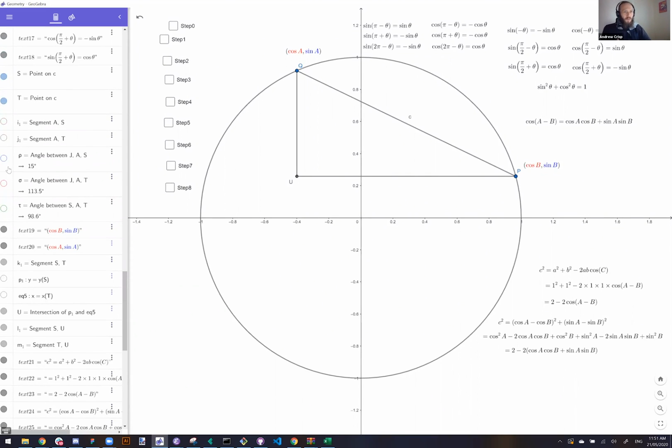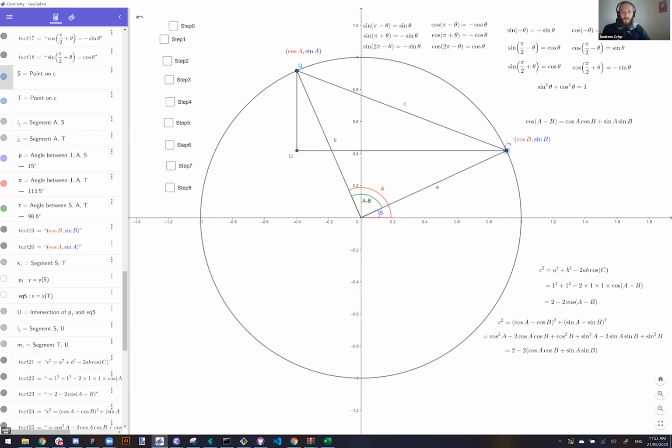So I'm just going to put the other parts in so that we can remember how it was done. So I think to myself, I've got 2 points sitting on the unit circle. I've got one angle B, one angle A. Their difference is A minus B. And the triangle I get out of this, I'm going to do the cosine rule. That's one way.